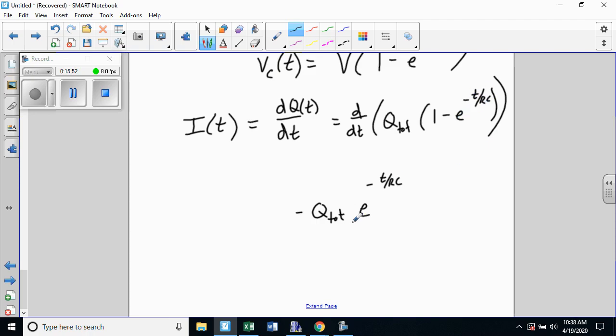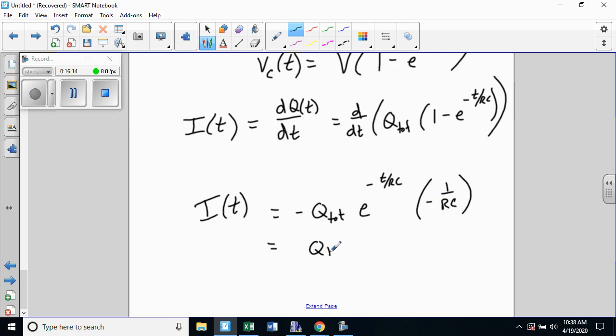If you remember how to do derivatives of e, you get e to the minus x times the derivative of whatever the exponent was. And the derivative of this is just going to be minus 1 over RC. So this is times minus 1 over RC. And this should all be equal to the current as a function of time. Well, two minuses here are going to make it positive.